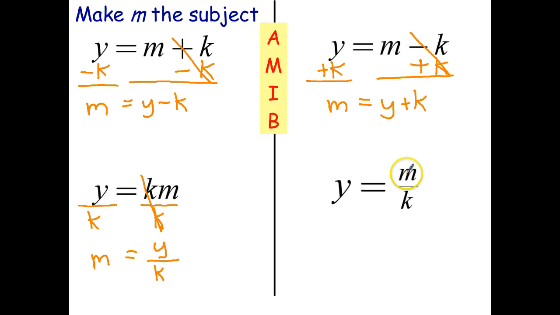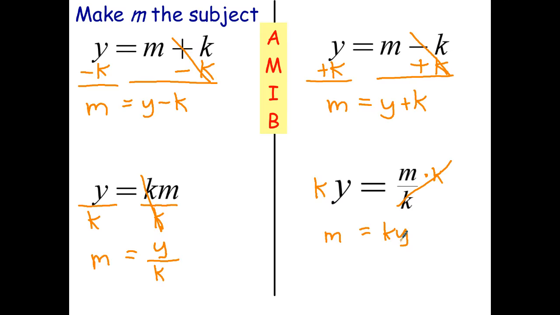And the last one, to make m the subject, well, m is divided by k. The opposite of dividing by k is multiplying by k. The k's cancel out, or k over k equals 1. Writing the m on the left-hand side, m equals k times y, or m equals ky.